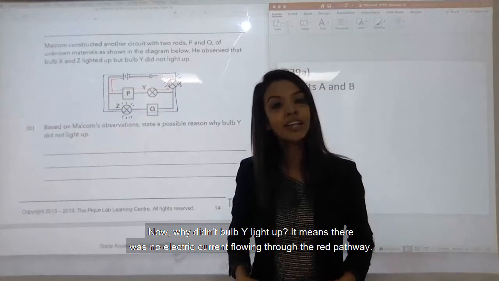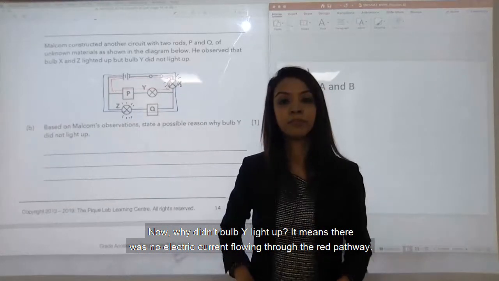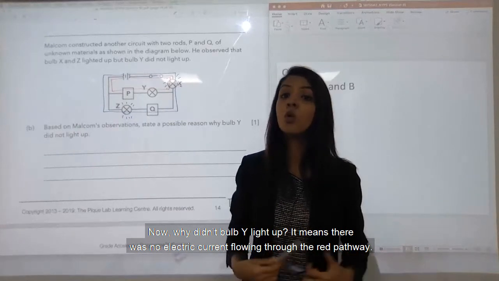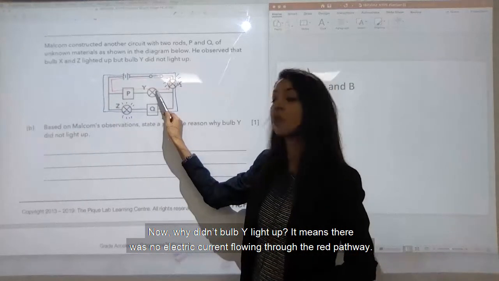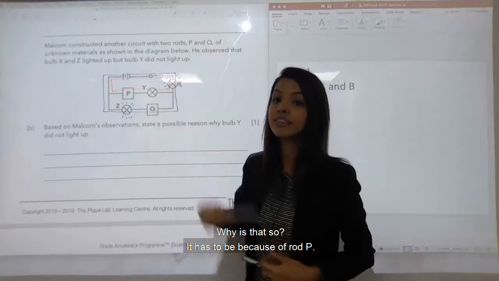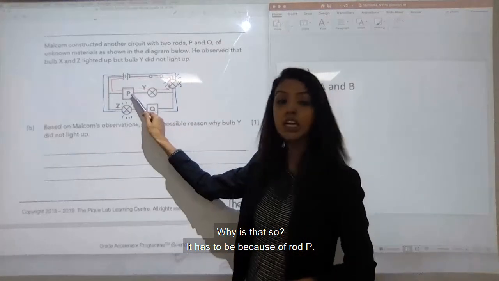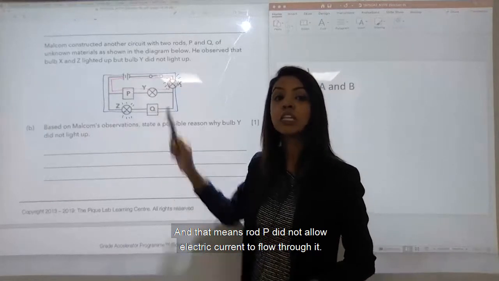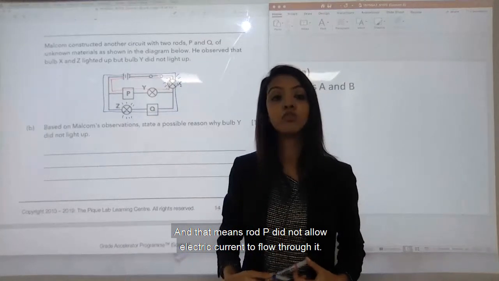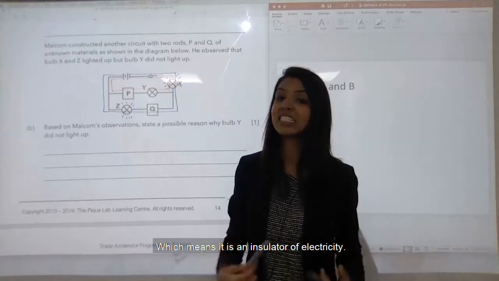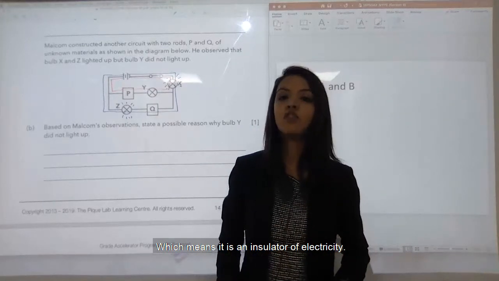Now, why didn't bulb Y light up? It means there was no electric current flowing through the red pathway. Why is that so? It has to be because of rod P, and that means rod P did not allow electric current to flow through, which means it is an insulator of electricity.